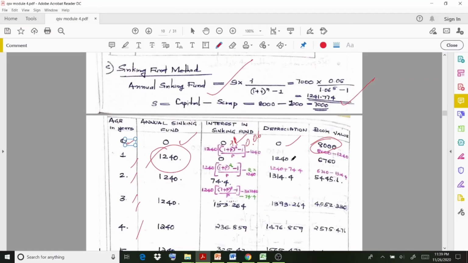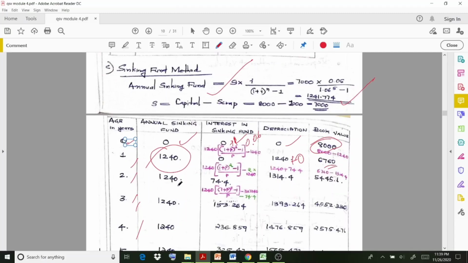So depreciation is going to be 1,240 plus 0 in this case.